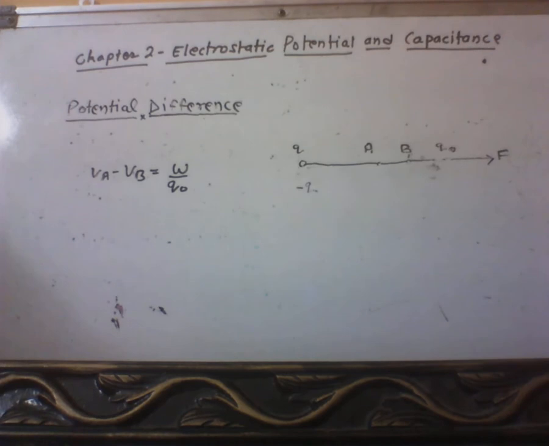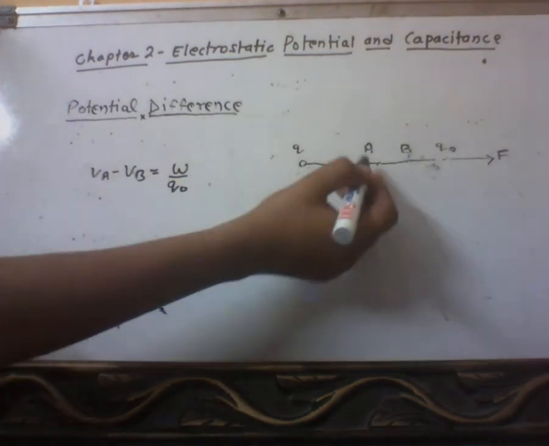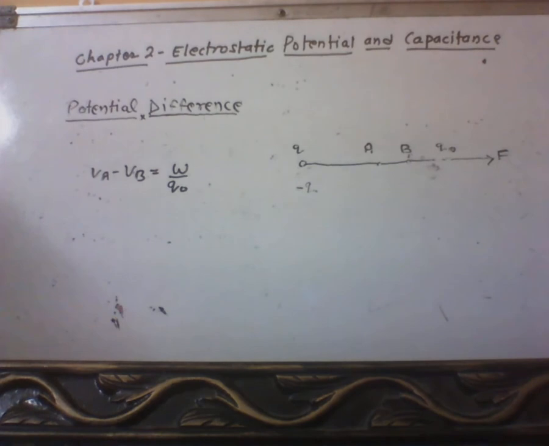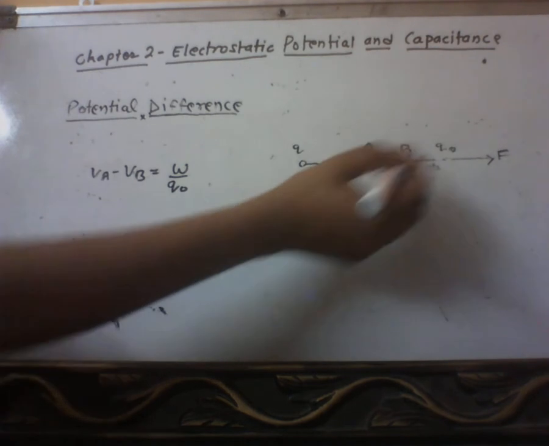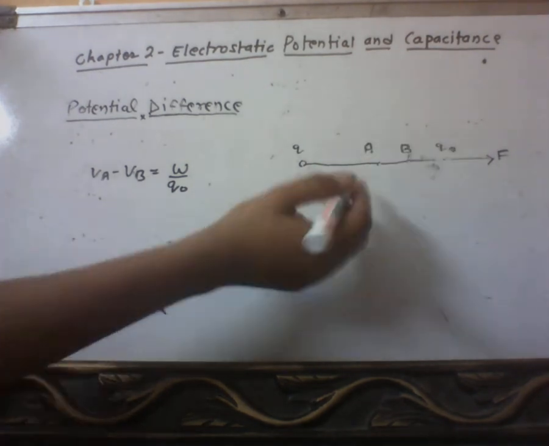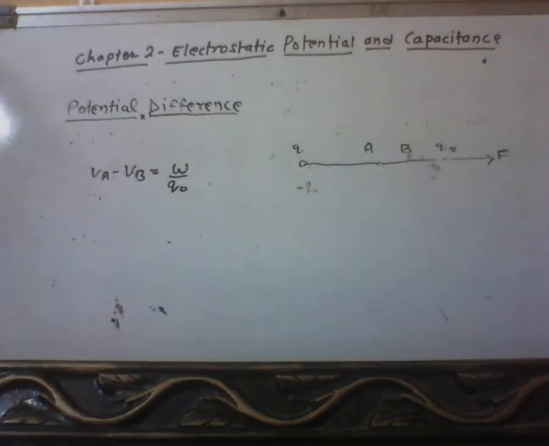Then in taking the test charge from B to A, work would have been done by the electric force, because this charge will attract this positive test charge. In that situation, the work is being done by the system.